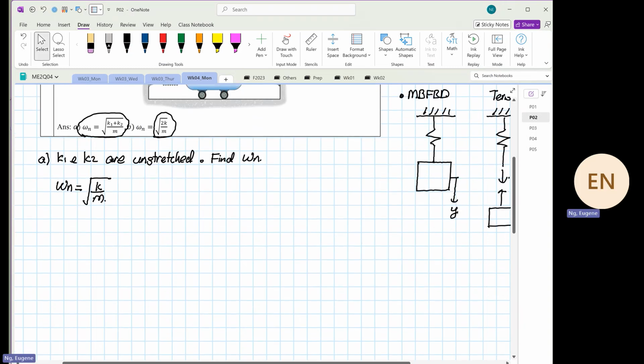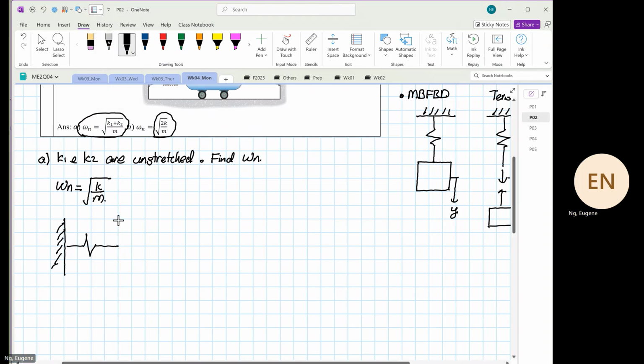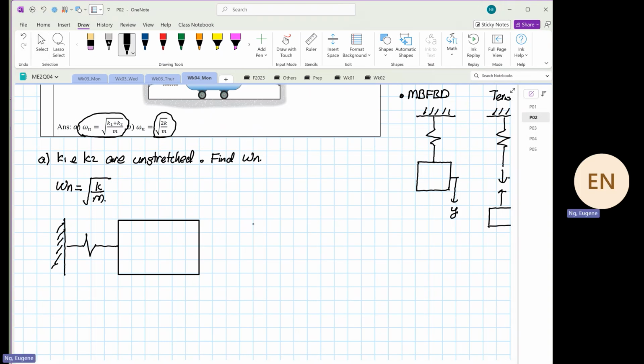Right. So now we start sketching. Okay. So we sketch. So we know that this is our wall, right. And then we have our block. And then we are given that this is our K2. And this is our K1.